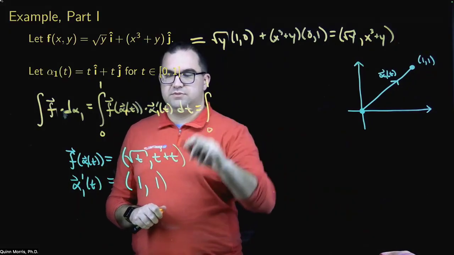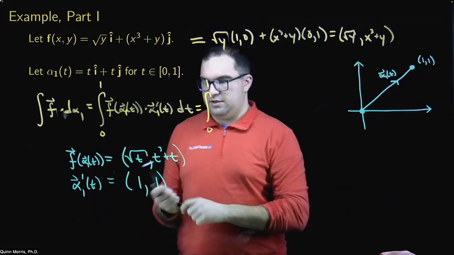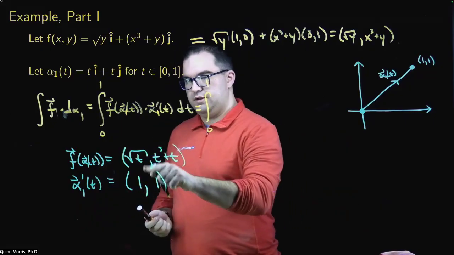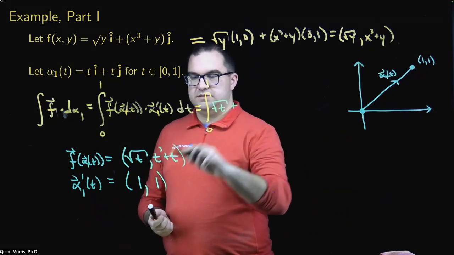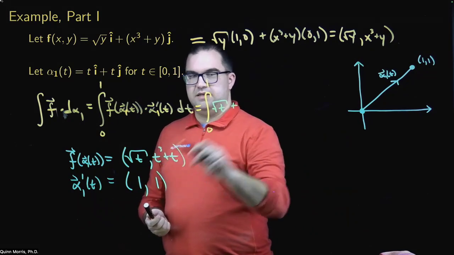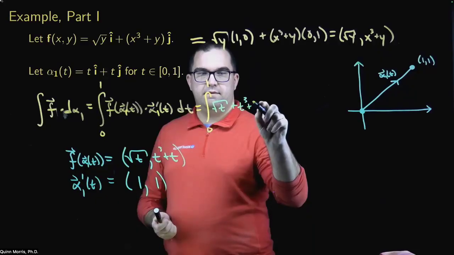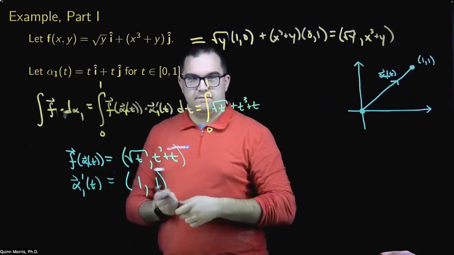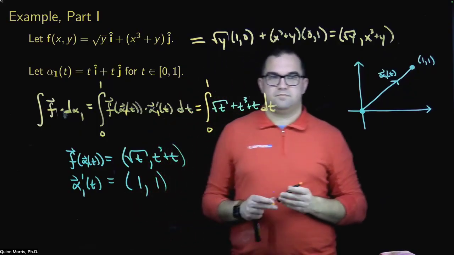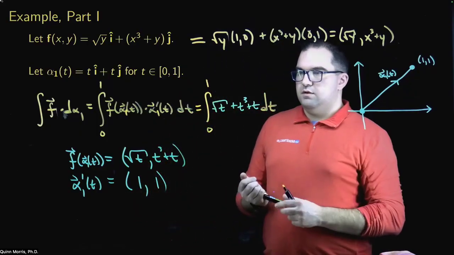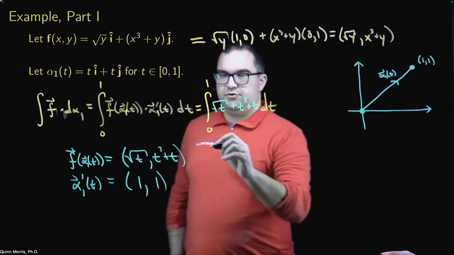So this becomes the integral from 0 to 1 of, now this inner product here, I get square root of t times 1 plus t cubed plus t times 1, dt. Now this is just a standard Riemann integral.